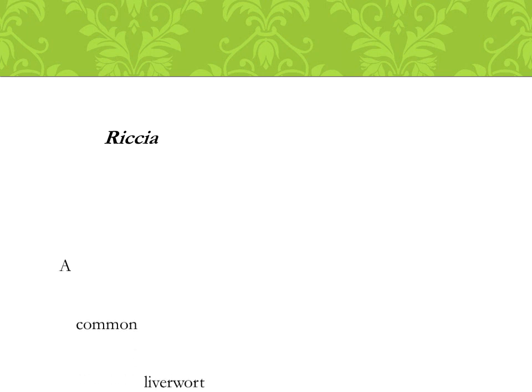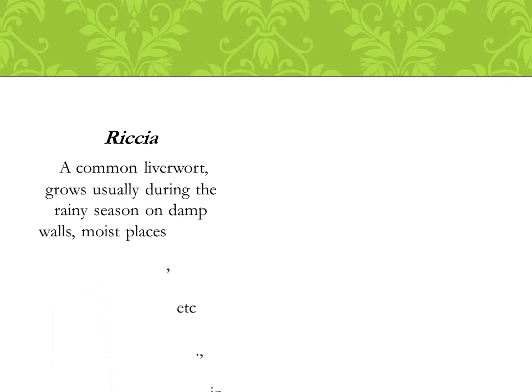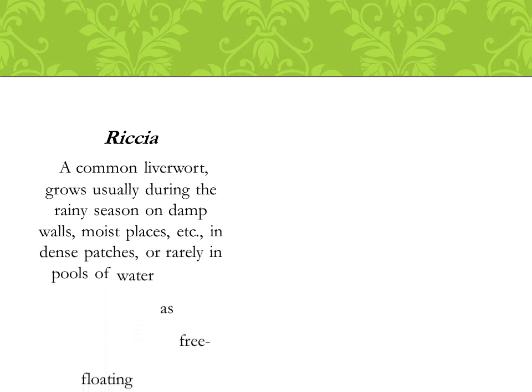The genus Riccia is a common liverwort which usually grows during the rainy season on damp walls, moist places, in dense patches, or rarely in pools of water as free floating scum.